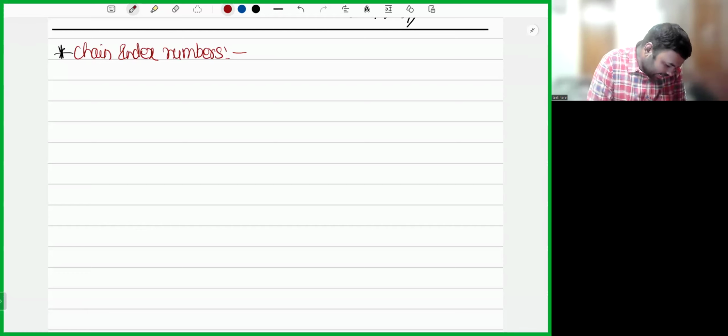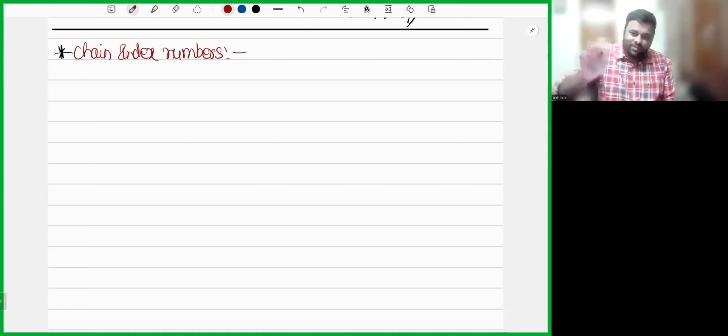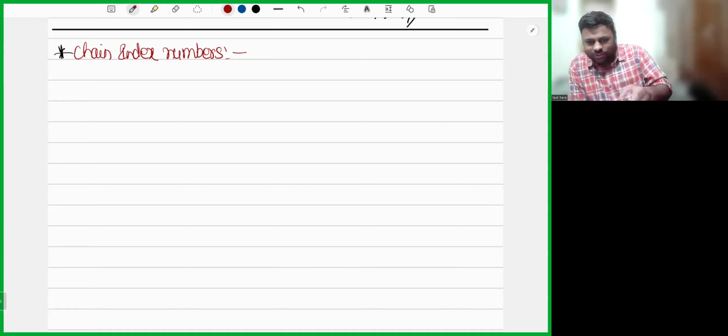Directly I'll go ahead and develop a concept called as chain index numbers. In chain index number, every year I shift the base itself. Instead of shifting base every 20, 30 years, every year you shift it. So every year for current year, previous year will be the base year. You will have an accurate data, but no government wants this.